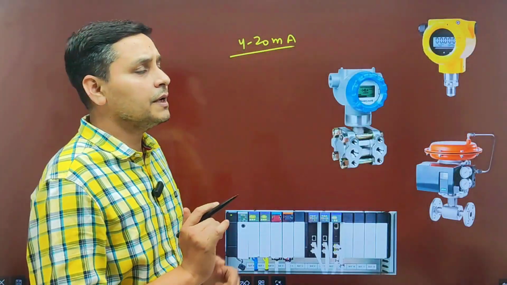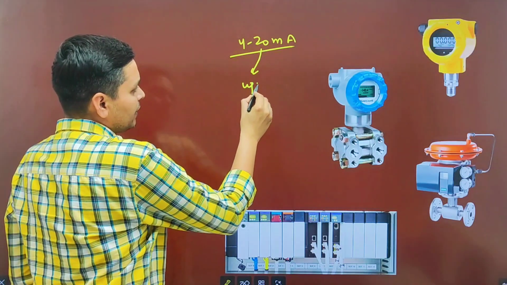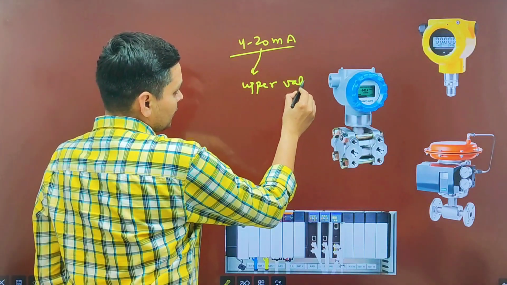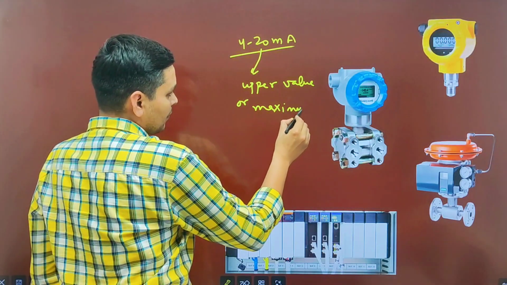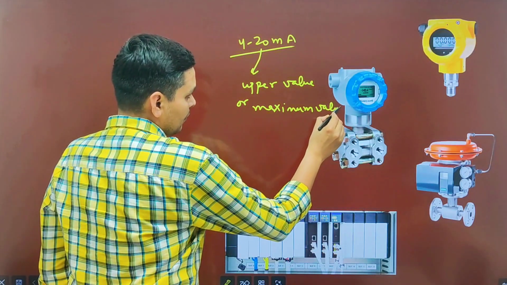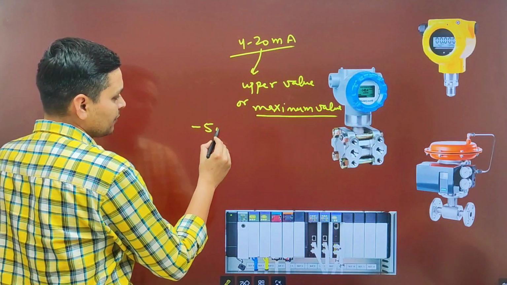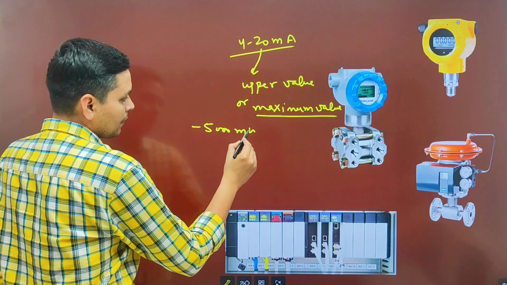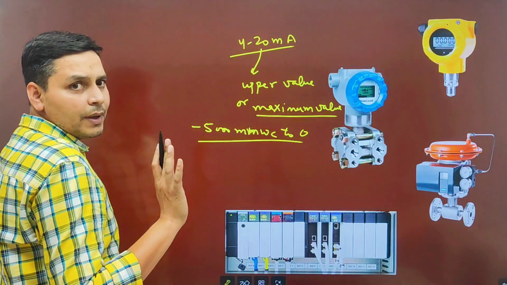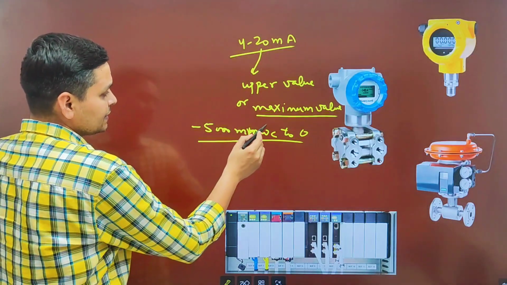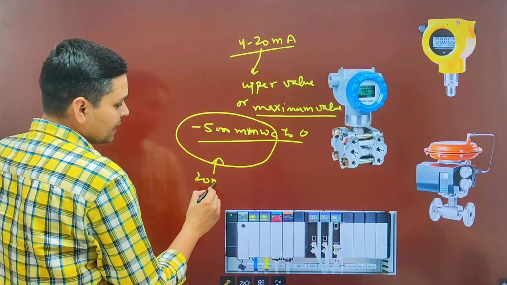And friends, in 4 to 20 milliampere, at 20 milliampere we will get the upper value or maximum value. If we take the same range, minus 5000 mmWc to 0, then many of our friends think that at this value they will get 20 milliampere.